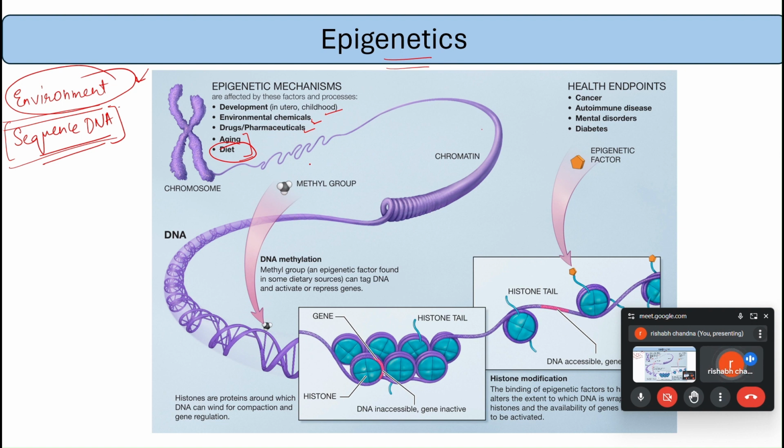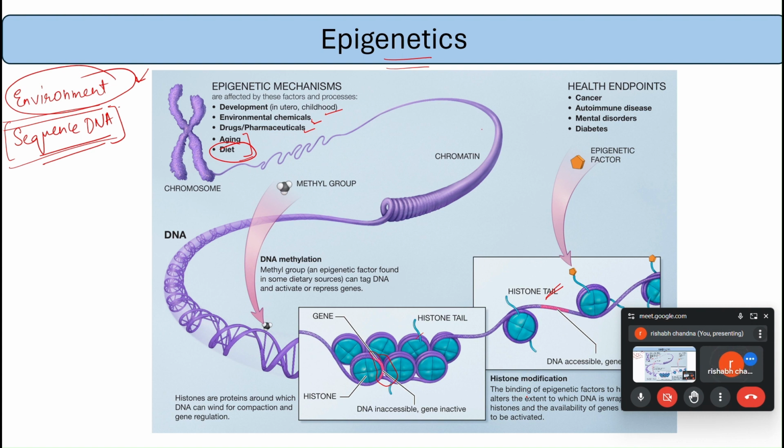Generally, this is the chromosome, and yesterday we studied the methylation of histones or the DNA. Here the methylation occurs for a particular gene, on the histone tail or the DNA.